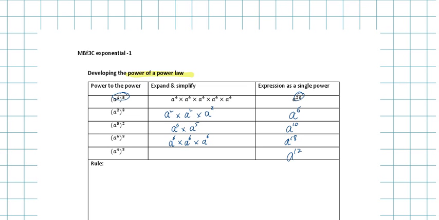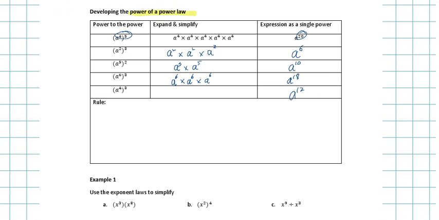So you keep the base. In this case, I only have one base. I keep it as is. I don't do anything to it. It stays the same. Right? It did not change. It's not B now. It stays as A. And then you multiply your exponents.